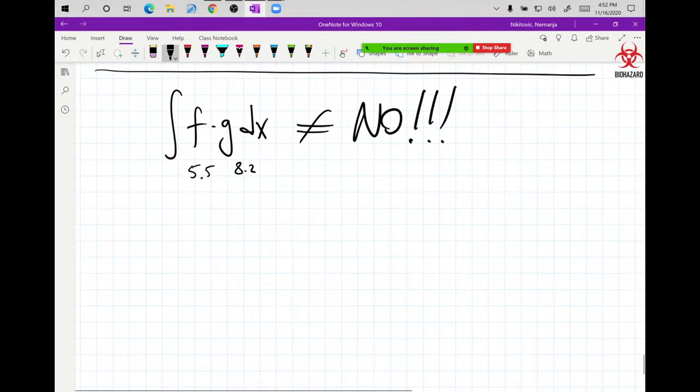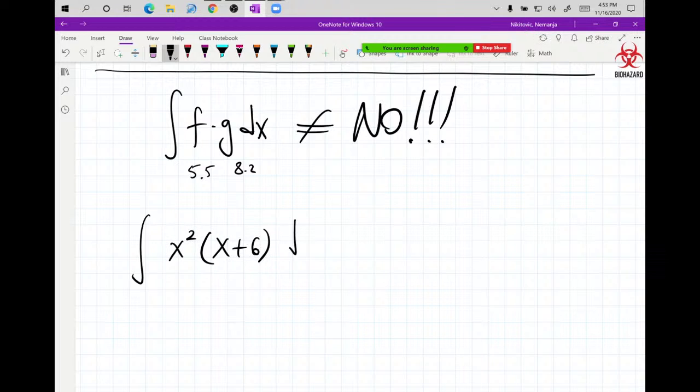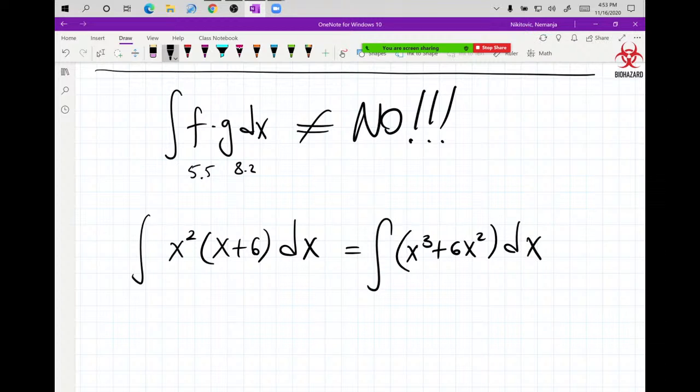So now, do you actually have a specific problem in mind? Oh, okay. So I can tell you, like, integral of x squared times (x plus 6) dx is okay for you to work on, because you are going to distribute this x squared, get x cubed plus 6x squared dx.